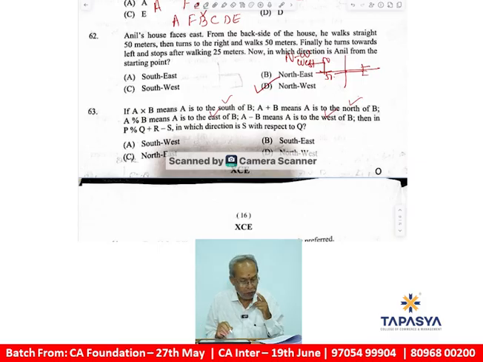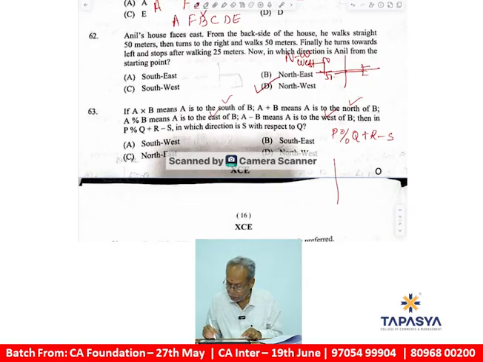Then you want to find out P into P percentage Q plus R minus S. In this case, which direction is S with respect to P? Now if you see, P percentage Q, percentage goes east. So draw a reference diagram. This is the origin here.